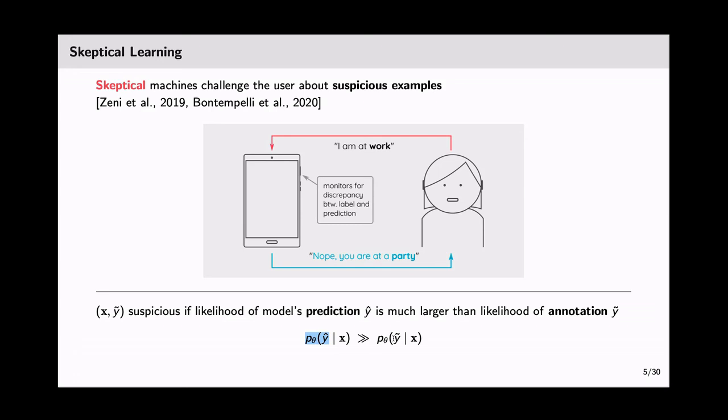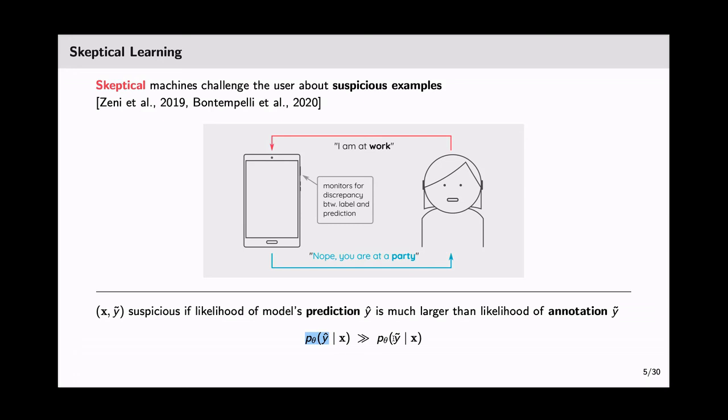The model could also be skeptical when the probability is close to the threshold on the output of the model, let's say 0.5. Below 0.5 the user is at work, above it the user is at home.